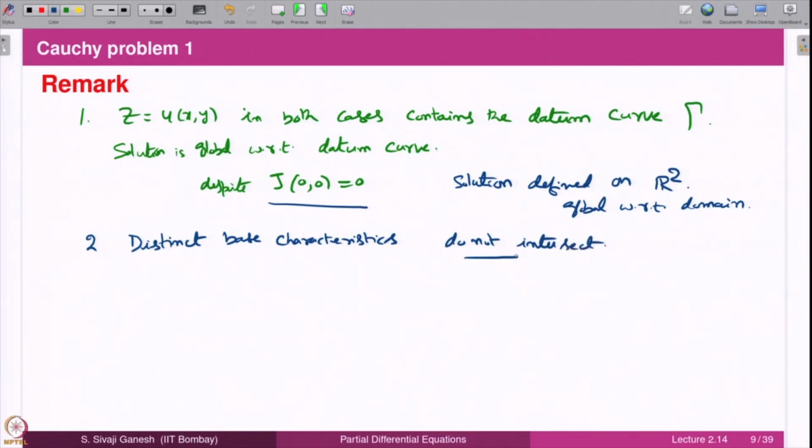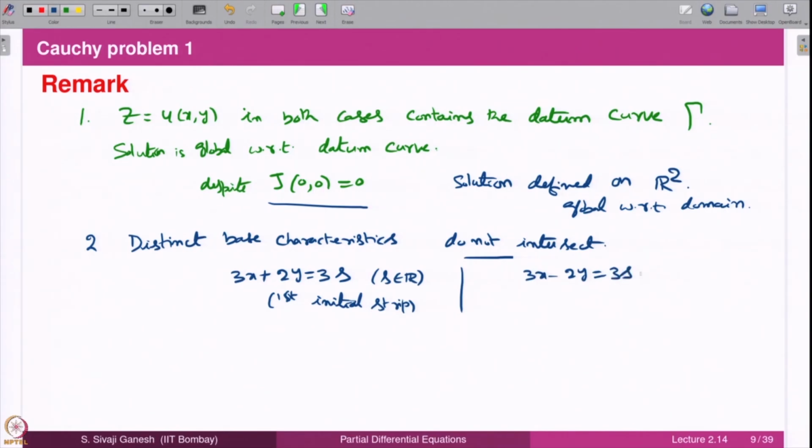So, 3x + 2y = 3s is the equation of a family of base characteristic curves. They are all parallel lines. This is in the case of the first initial strip, and in the case of the second initial strip it was 3x - 2y = 3s. This is the second initial strip. So, they do not intersect.